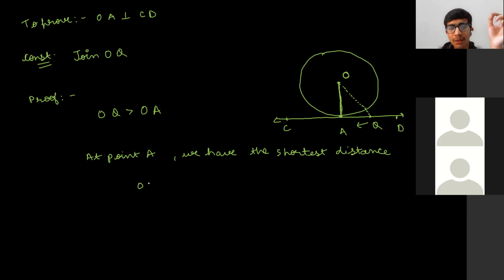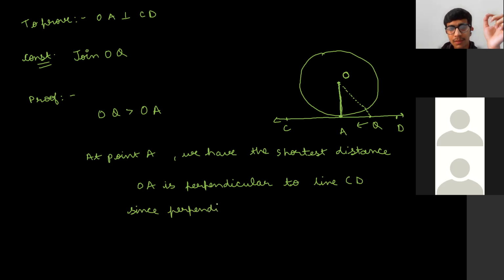Therefore, we can say that OA is perpendicular to the tangent, or to the line CD, since the perpendicular distance is the shortest distance between 2 points.